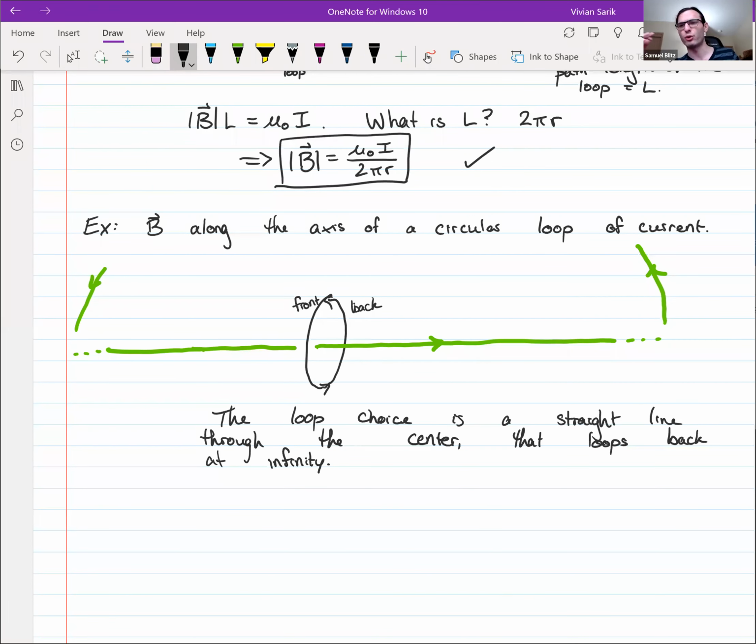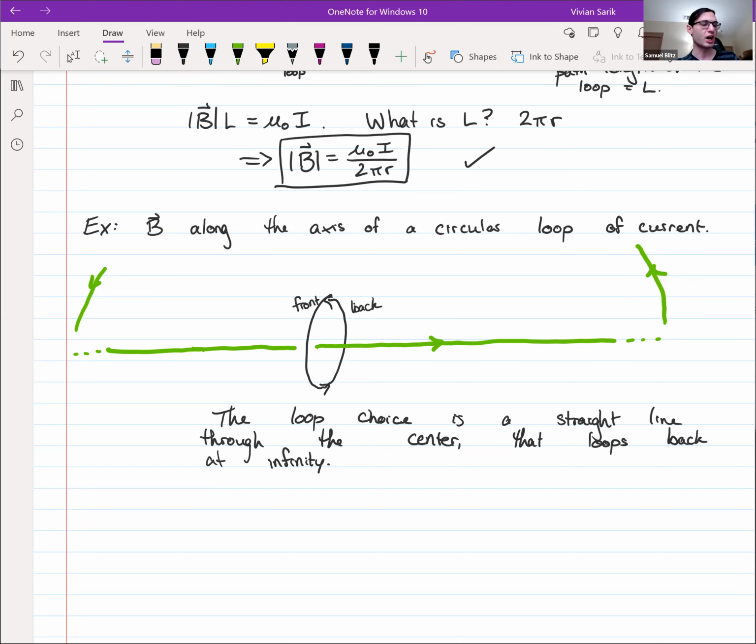That has to be true. If it weren't 0, that'd be very confusing. So what we can do is use larger and larger loops and then take the limit as the size of that loop goes to infinity. As we do that, the contribution to the integral from the loop that's infinitely far away will die off because the magnetic field is 0 there.